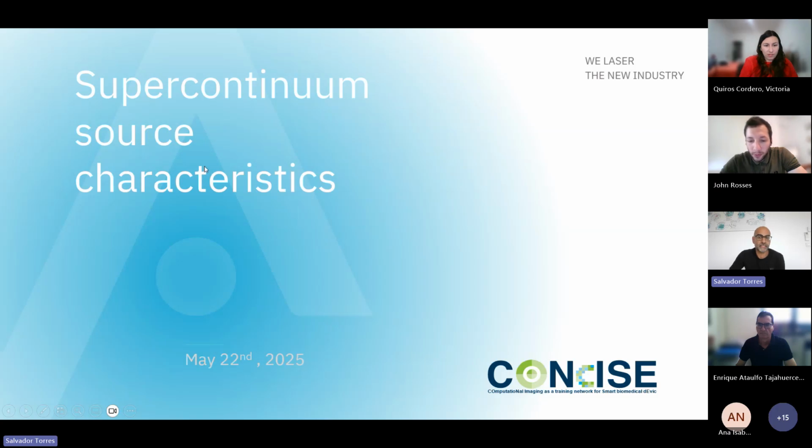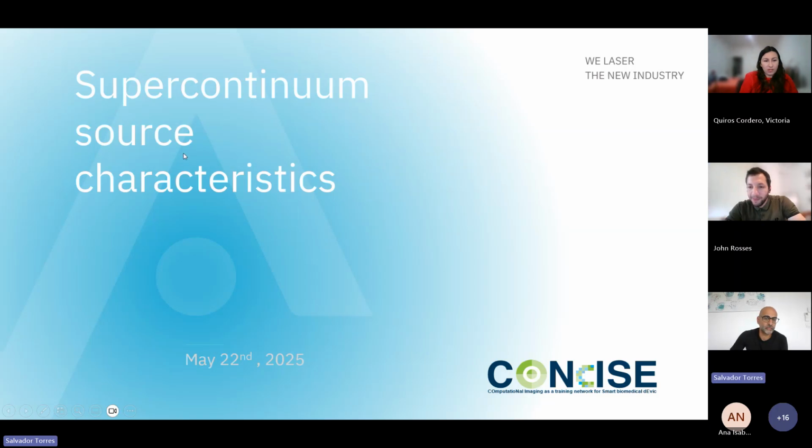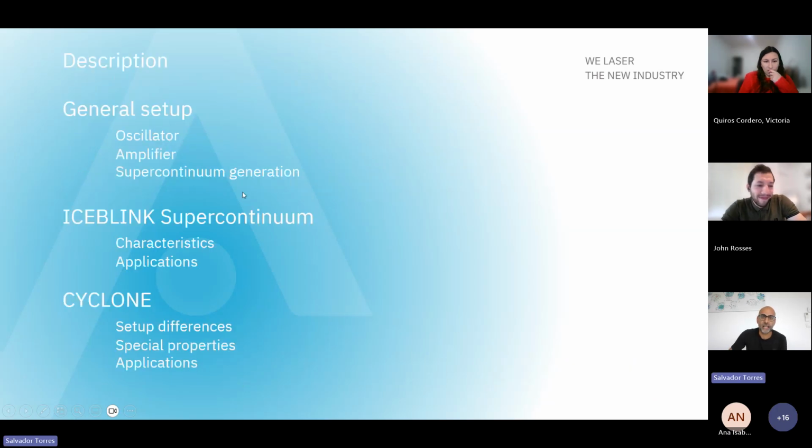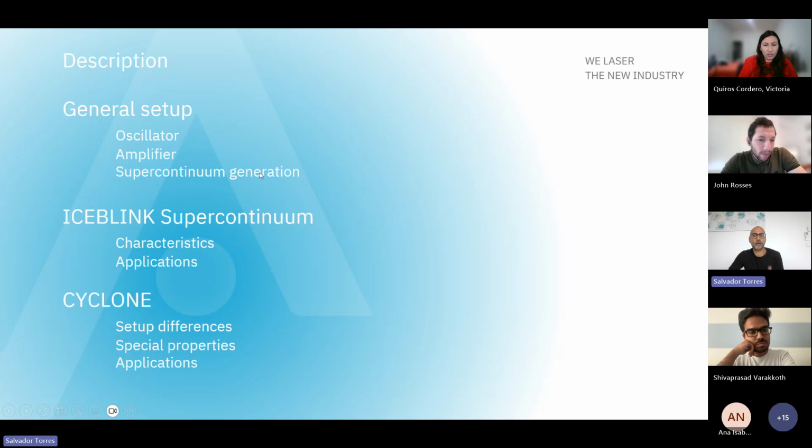So in the following presentation, my idea is, as the title of this first slide says, to show you briefly what a supercontinuum source is and some of its characteristics. I've structured this session in the following parts. First, I will define what a supercontinuum source is.